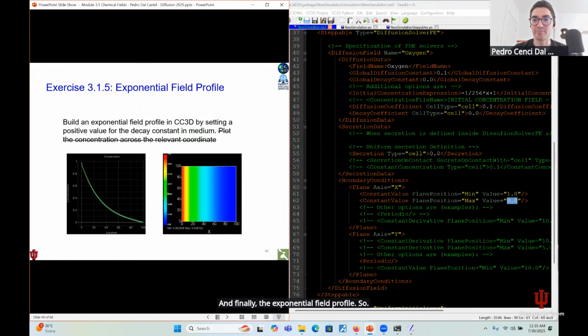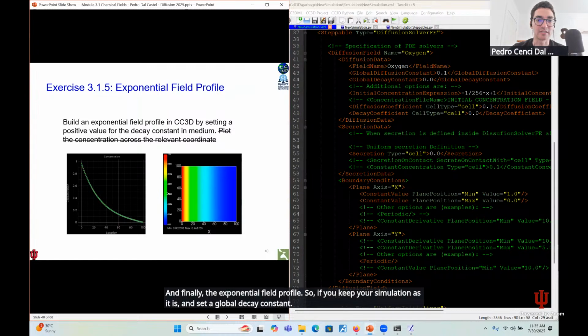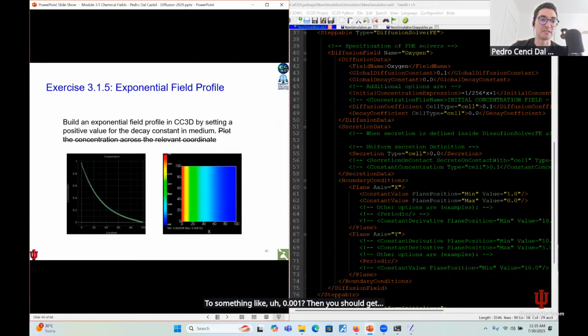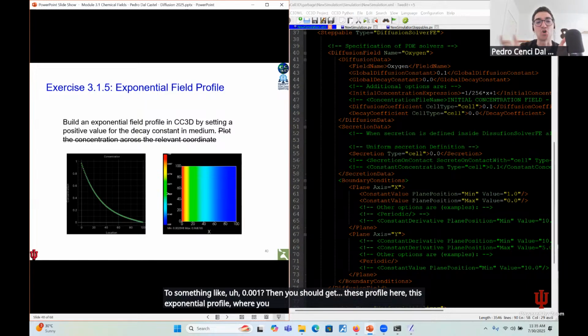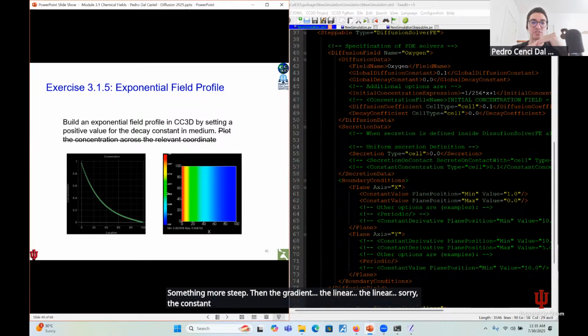So if you keep your simulation as it is and set a global decay constant to something like 0.001, then you should get this exponential profile, where you have more blue on the right and less red on the left, something more steep than the constant gradient, which is very flat, very homogeneous.